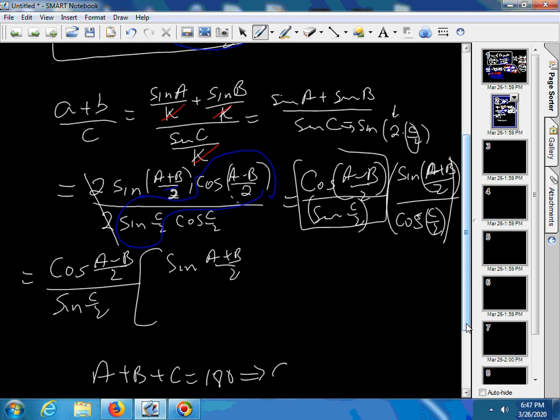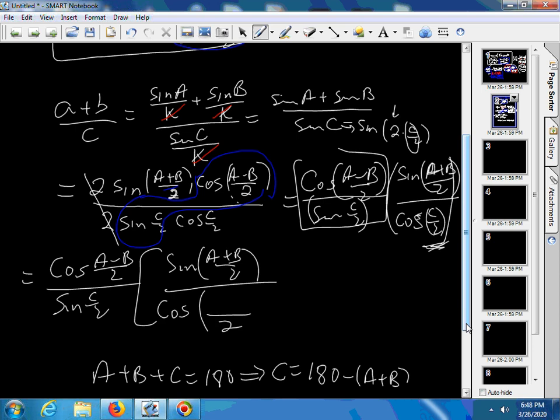This tells me that angle C is 180 minus (A plus B). So that's exactly what I'm going to plug in for C here. It's over the cosine of C over 2, where C is 180 minus (A plus B).